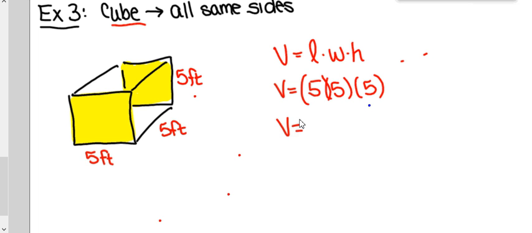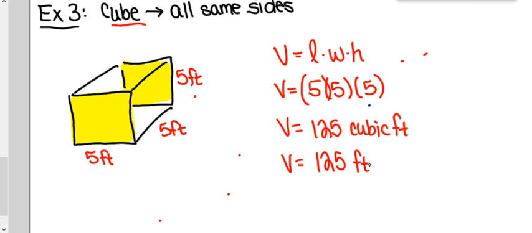So I'm going to get out my calculator again, and I'm going to multiply 5 times 5 times 5. Nothing special about that. My calculator tells me that this is either 125 cubic feet or 125 feet raised to the third power.